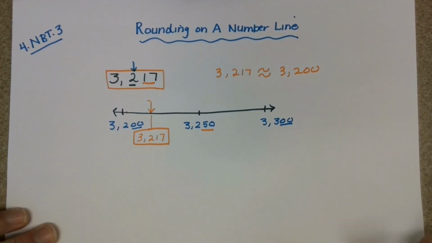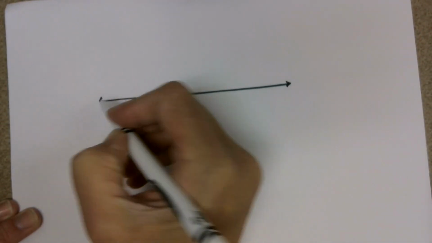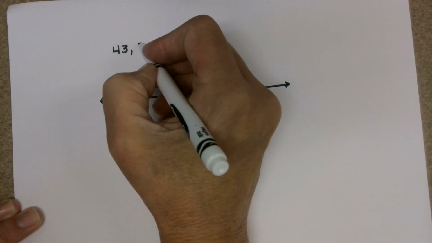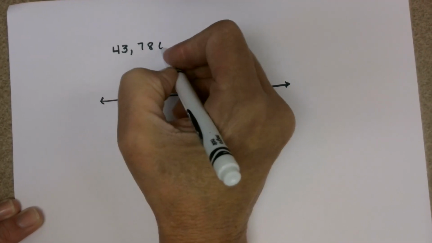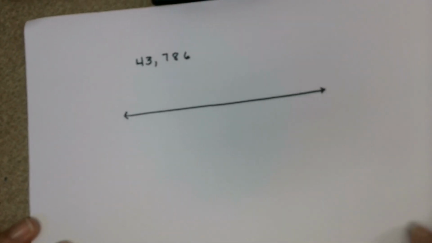So I'd like to do a couple more here. The first one we'll look at, let's go for a bigger number. So let's go with 43,786. And this time we are going to round to the nearest thousands spot.